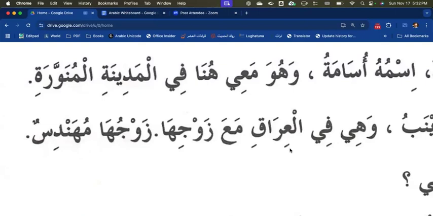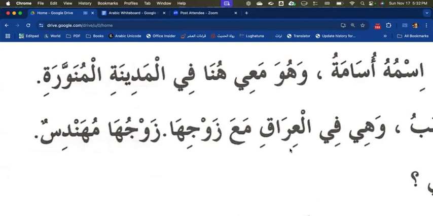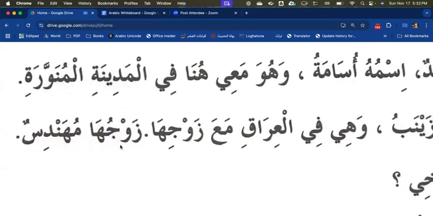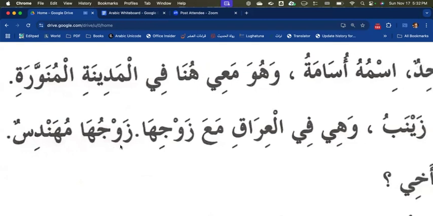Zawj, spouse. Wife or husband, yes, spouse. Yes, not just husband, spouse. And her spouse is an engineer. Yes, her spouse is an engineer, so her husband is an engineer.